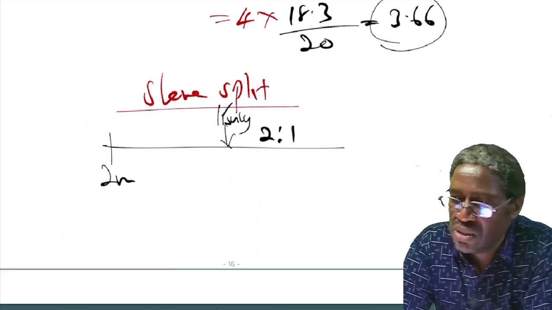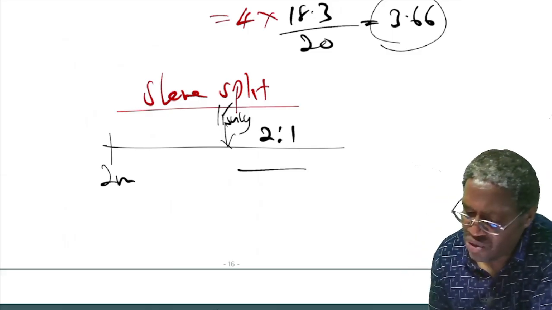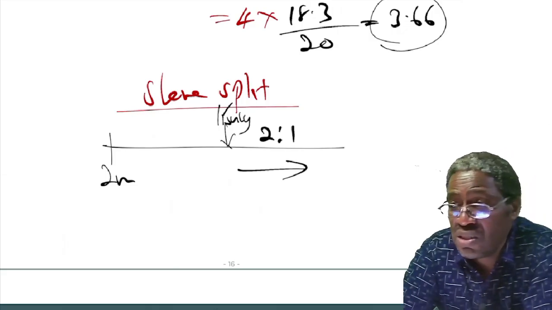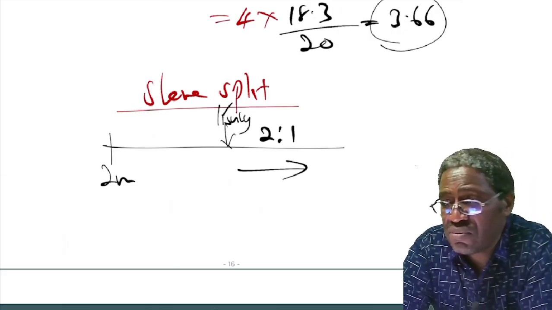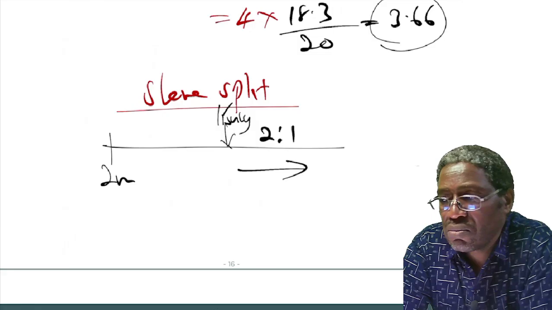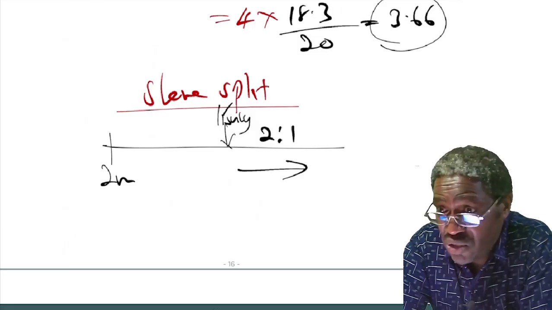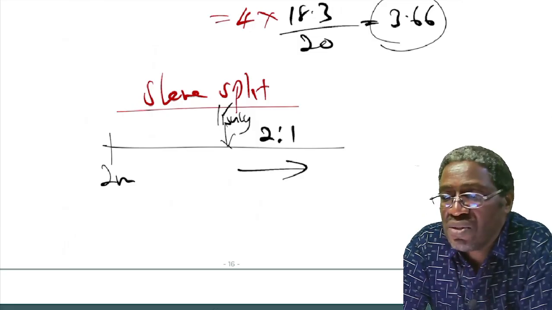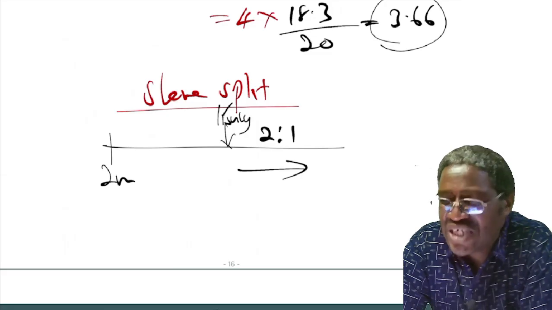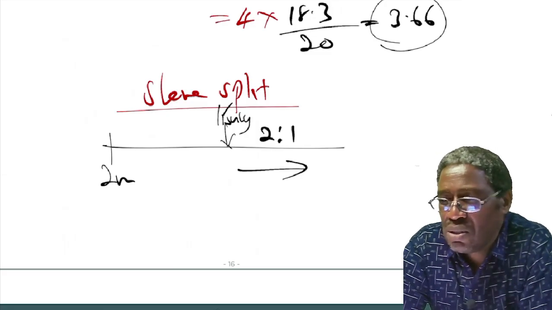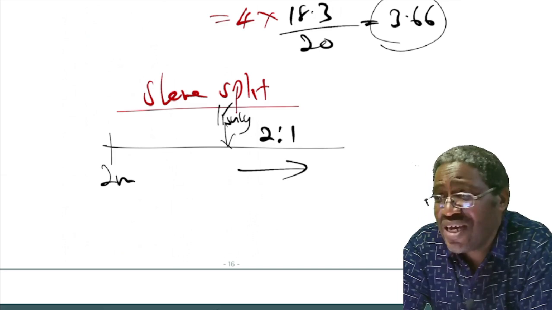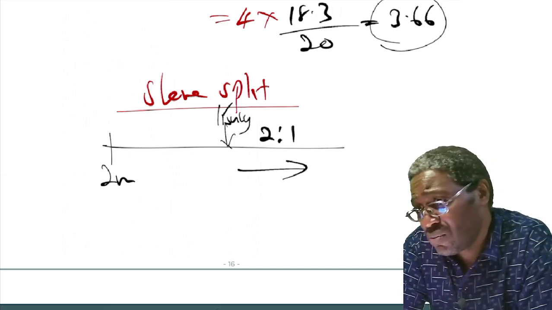Tell me this. It means therefore from 1st of July onwards, how many shares will be in the register? We began the year with 2 million shares. Our company did a share split on 1st of July in the ratio of 2 for every 1.